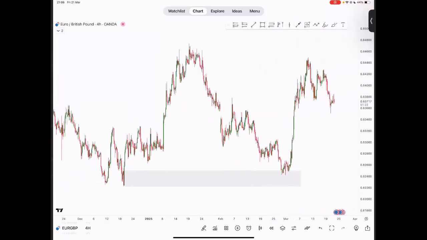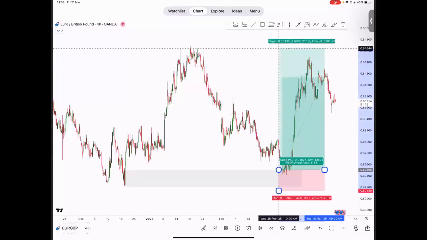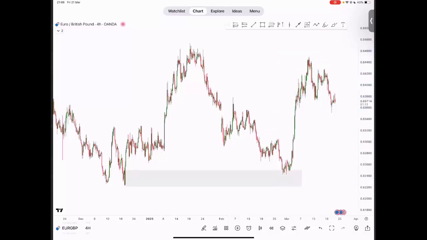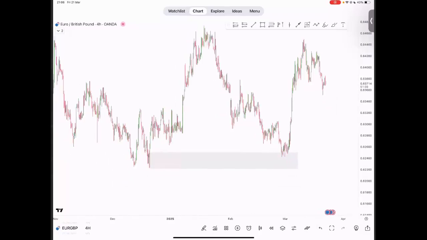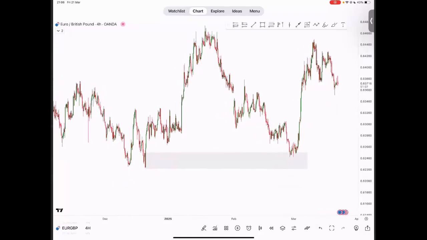Look at what I'm showing. This is where price is currently reacting from. So this is an example of a valid demand zone.